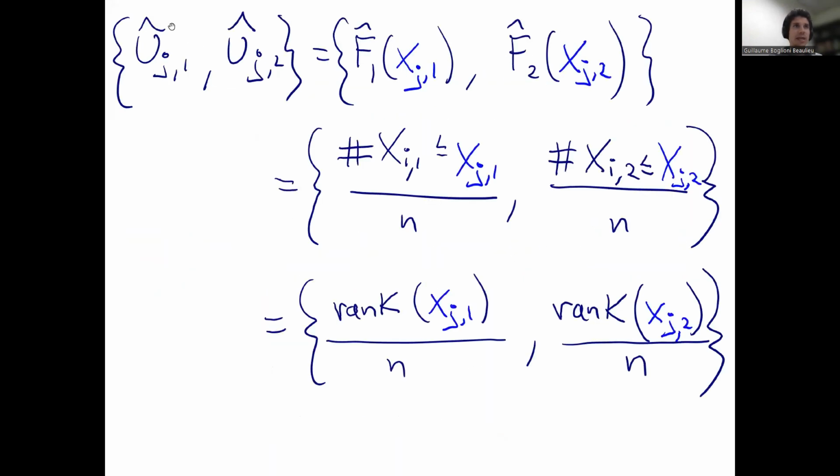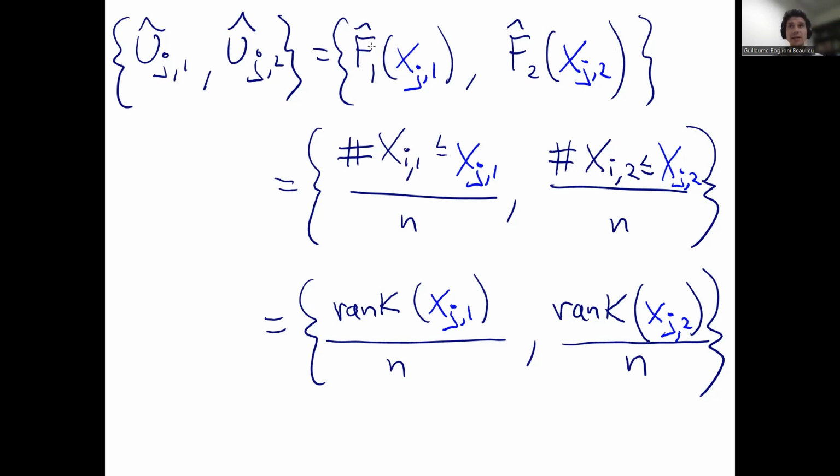Here, okay. So I'm saying u hat j1, which by definition is f hat 1 of xj1, is going to be the rank of xj1 divided by n. In the R code I had n+1, but let me explain. Don't worry about xj2, because it's exactly the same thing. What is f1 hat of xj1?